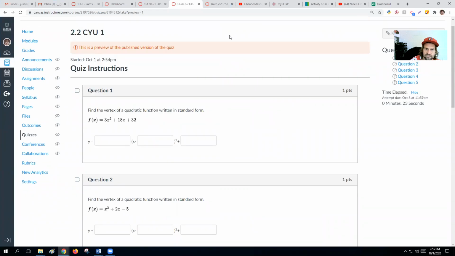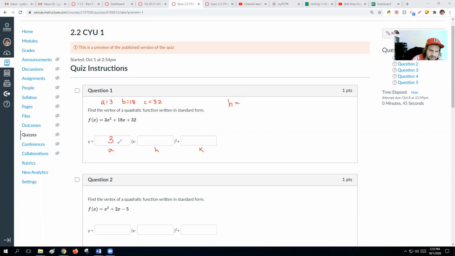Okay, so if I want to put this in vertex form, this is our A number, this is our H, and this is our K. Our A is 3, our B is 18, and our C is 32. So if I want to find H, well, this is easy.